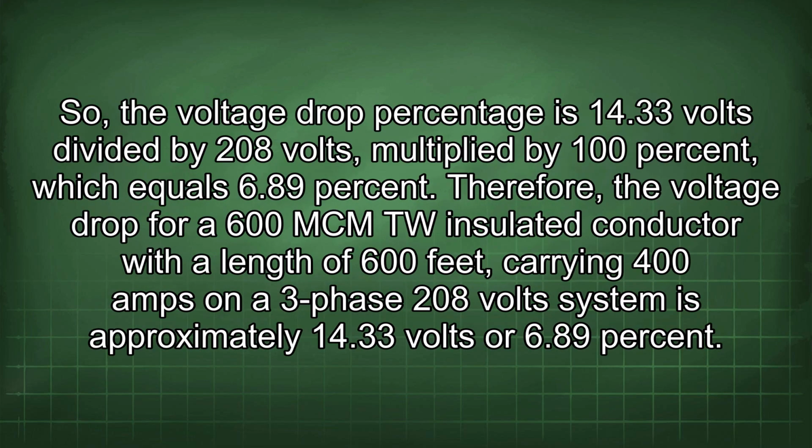So, the voltage drop percentage is 14.33 volts divided by 208 volts, multiplied by 100%, which equals 6.89%. Therefore, the voltage drop for 600 cmTW insulated conductor with a length of 600 feet, carrying 400 amps on a three-phase 208 volts system is approximately 14.33 volts, or 6.89%.